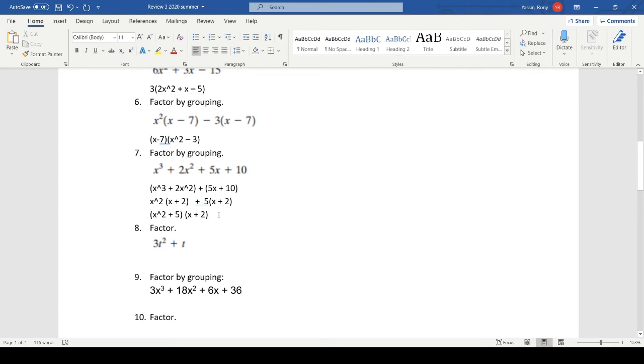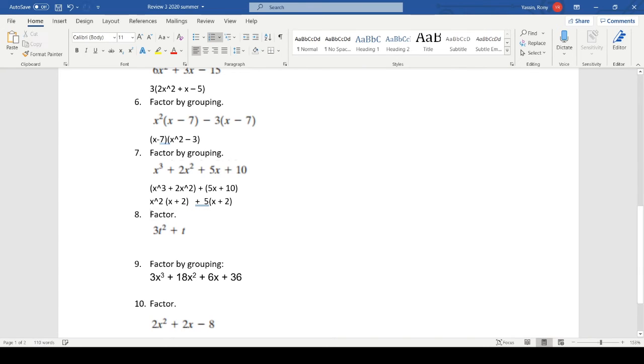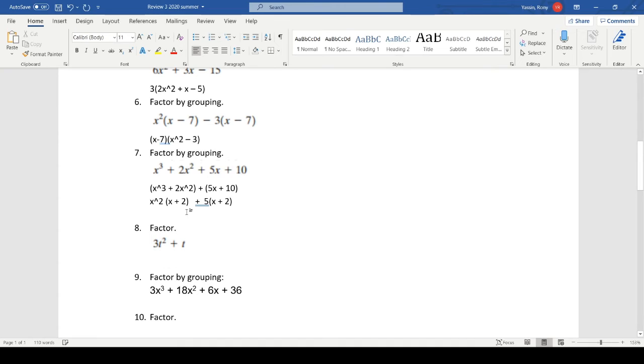Another way you could look at this is that we need to find a common factor between this term and this second term right here. You could say x plus 2 is a common factor of this term and this term. Take it away from both terms, and then what's left over?